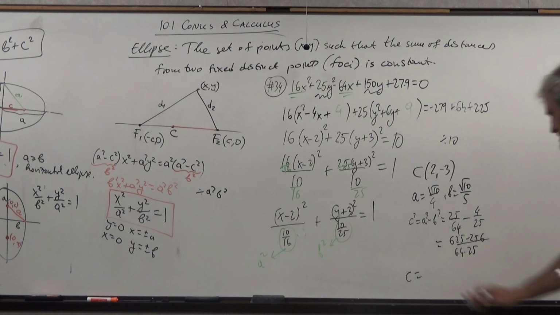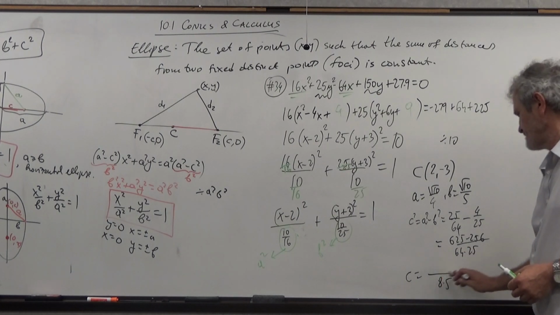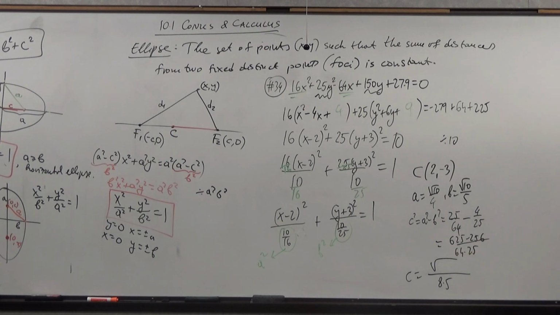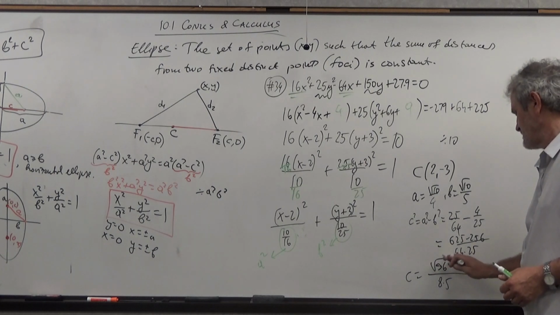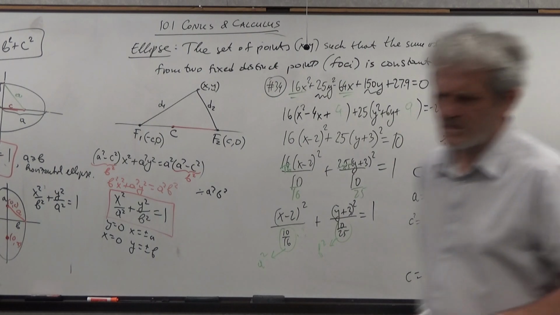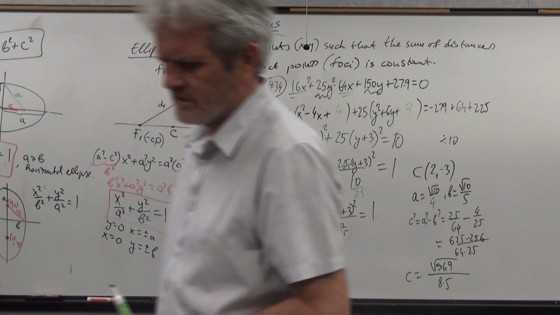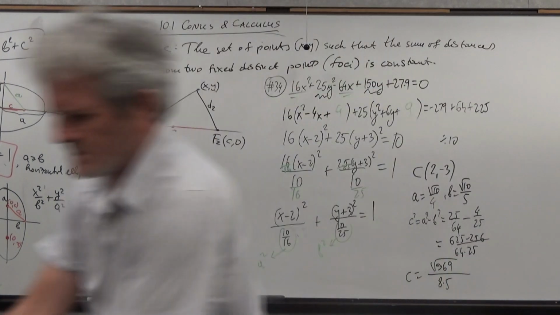So C is, how much would that be? On the bottom it's easy, it's 8 times 5. On top I get square root of what? 369 looks like. And is that what it is? I didn't even calculate it there. Oh, maybe I did.